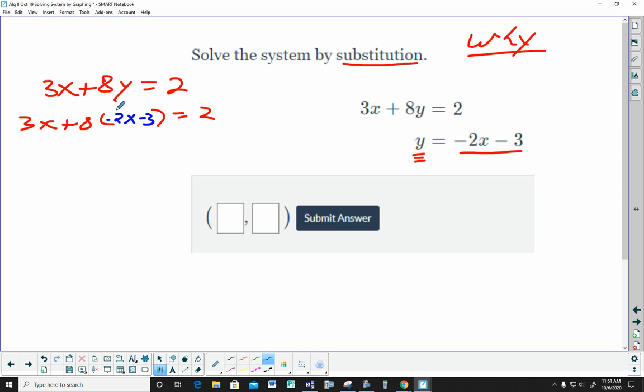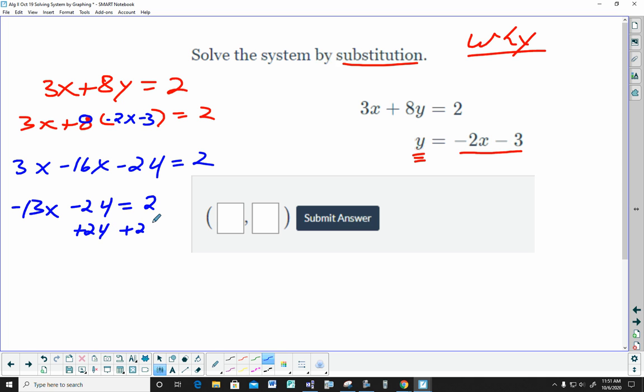This is why, because you have to distribute that 8 in. This is an 8. Distribute it inside the parenthesis. Collect like terms. Add the 24. And you get negative 13x is equal to 26.